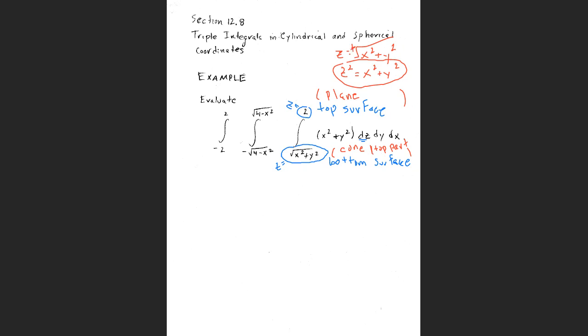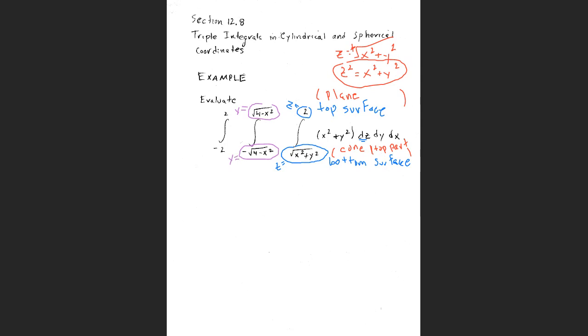Okay, so this appears to be a cone. But could it be just half of the cone? Could it be the whole cone? Well, region D consists of these bottom and top functions here. y equals square root of 4 minus x squared, and y equals negative square root of 4 minus x squared.